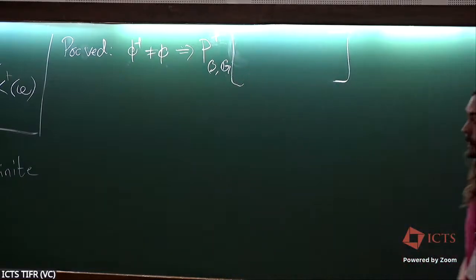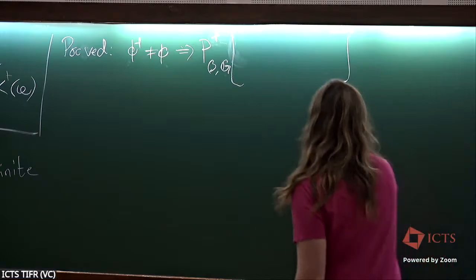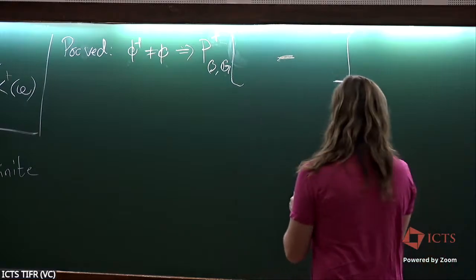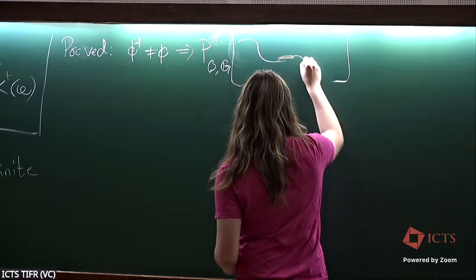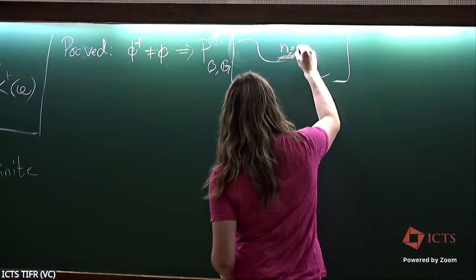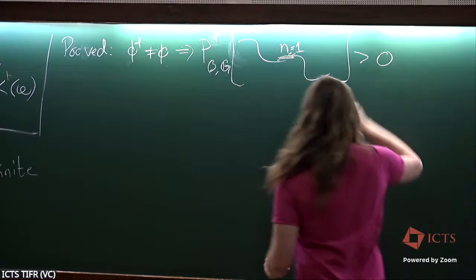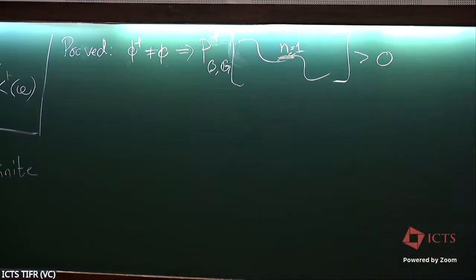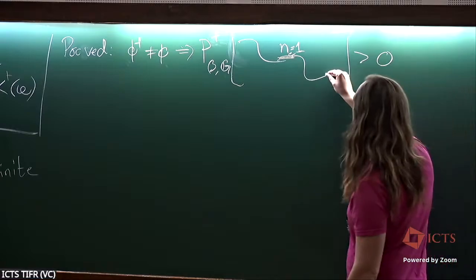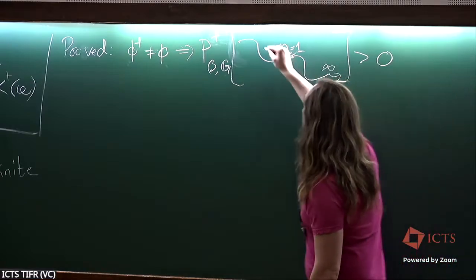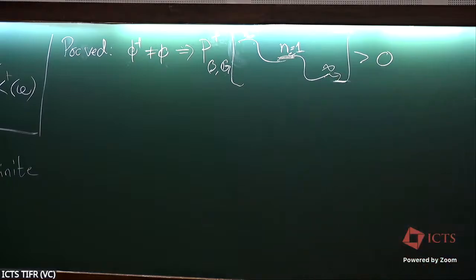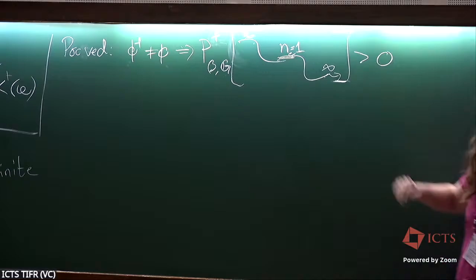He proves that some event must have positive probability. If these two things are different, there is at least one edge such that in infinite volume under this plus measure, there are cut edges that separate infinity from infinity. I'll introduce ends in the sequel, but this basically says the plus measure is two-ended.